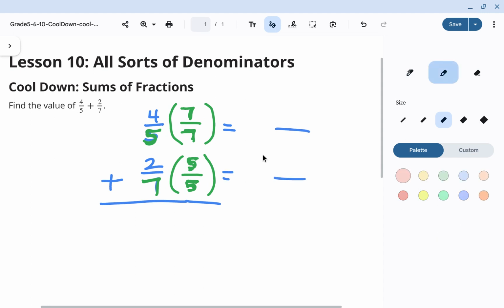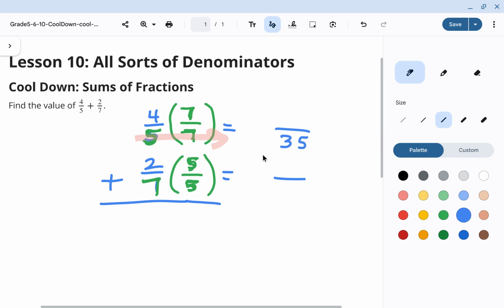So notice, boys and girls, when I multiply fractions, we've already done this. I know that 5 times 7 will give me 35. And I know that 4 times 7 will give me 28. So I now know that 4/5 equals 28/35. I have an equivalent fraction.